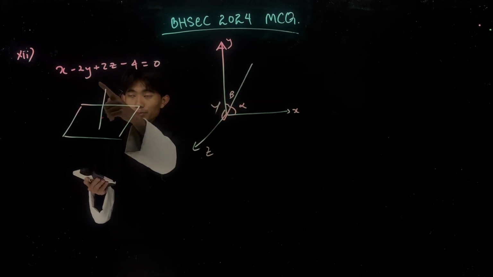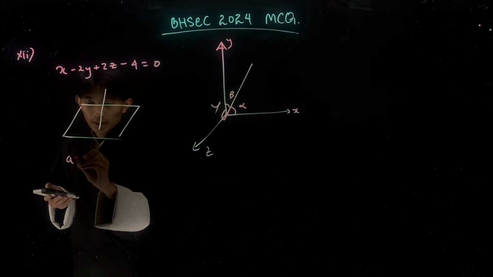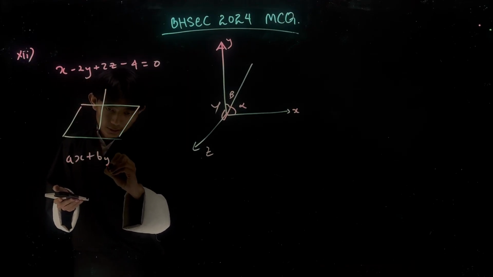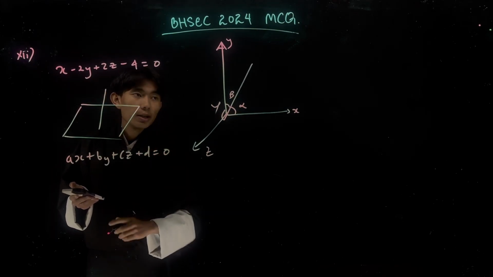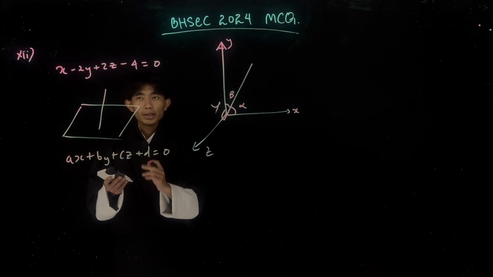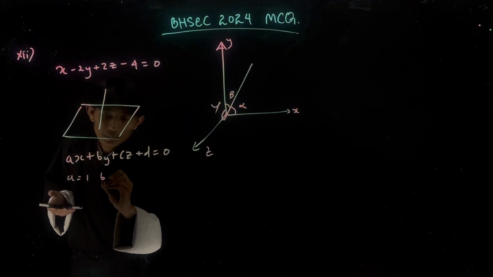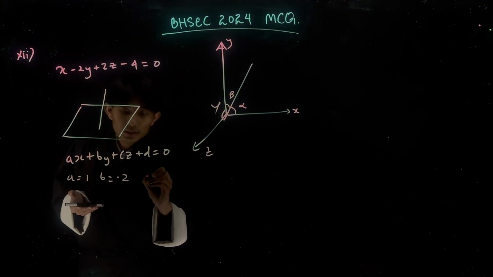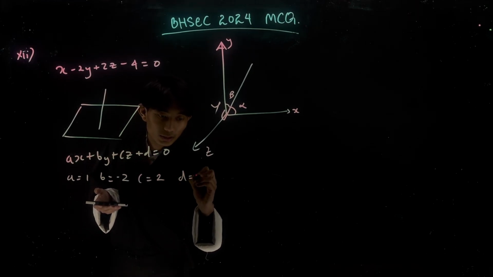The general equation of a plane is in the form ax plus by plus cz plus d equals 0. To calculate the angles, we need the values of a, b, and c. So a here is 1, b is equal to -2, c is equal to 2, and d is equal to -4.